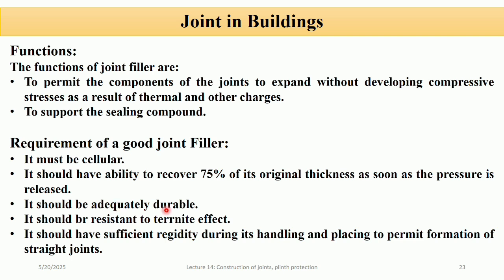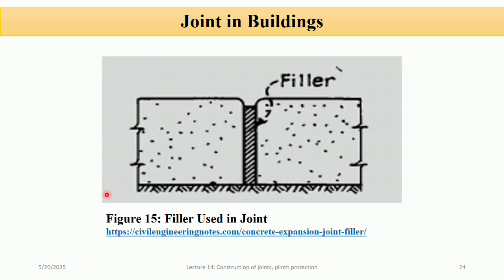It should be adequately durable. It should be resistant to termite effect, and should have sufficient rigidity during its handling and testing to permit formation of straight joints. So you can see here in the figure, this is a joint which is filled by filler material.